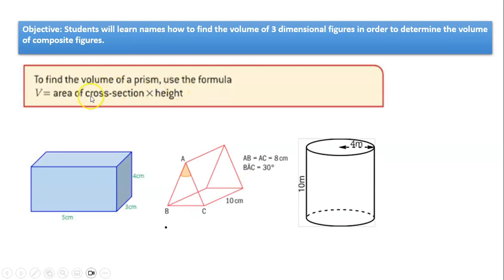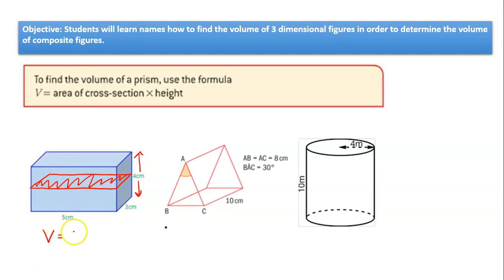We're going to use the formula area of the cross-section, like what we figured out on our warm-up, and take that area of the cross-section and then just take it times the height. So in that first one, we had just figured out that area, let me draw that cross-section again. So you just figured out that this area was 5 times 3, so the volume of that is just taking that area of the cross-section times this height of 4.